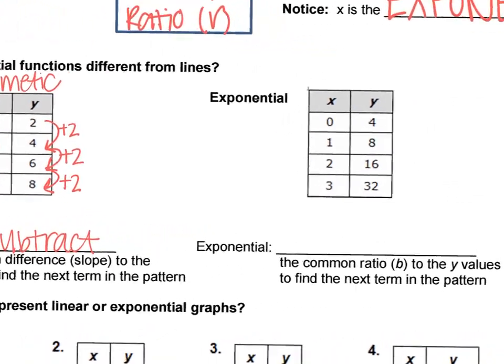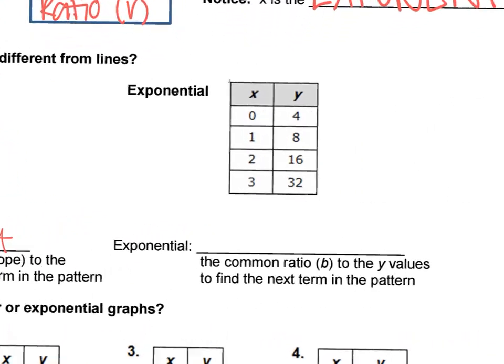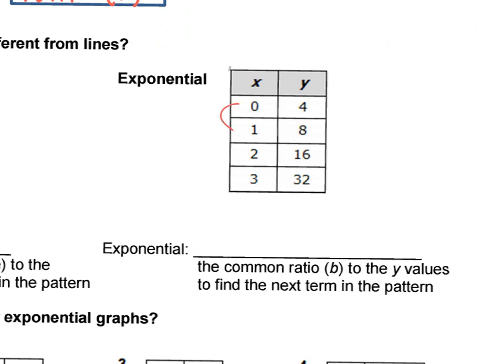If we look over here on the flip side, an exponential function, if I look at the x's, again, I'm just adding 1. So far it looks exactly the same as a linear function. However, when I go over here, if I said I'm adding 4, well, to get from 8 to 16, I'm not adding 4, so that's not it. So what's another way to get here?